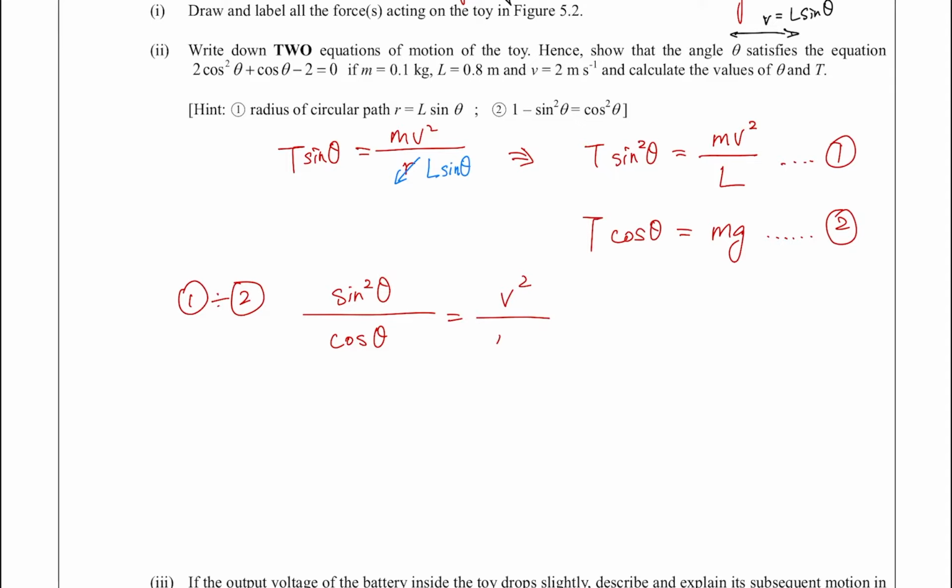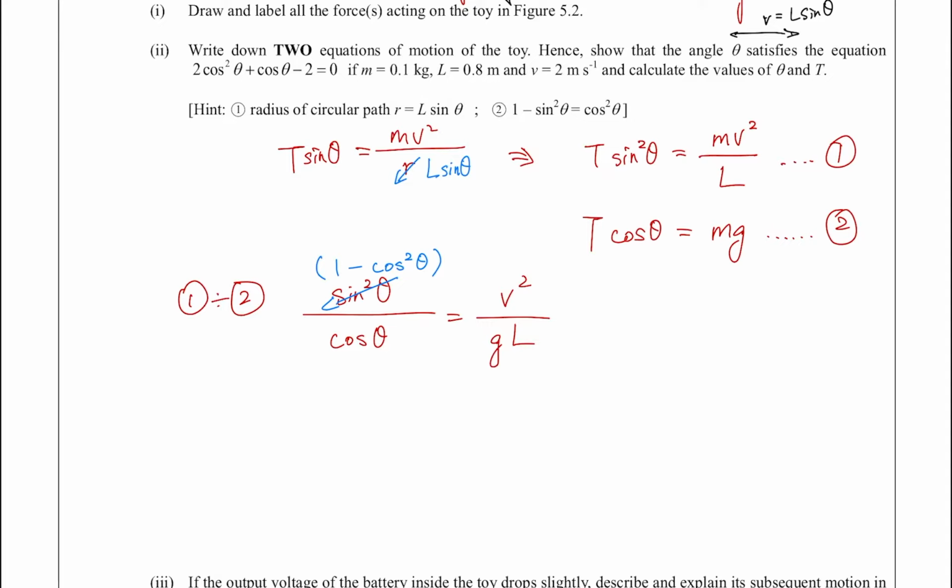On the right hand side, m and m cancel out, so we have v squared over gL. Now, sine squared theta, we don't want sine, so we would try to put this as 1 minus cosine squared theta because of the identity here. Okay, we can do so.